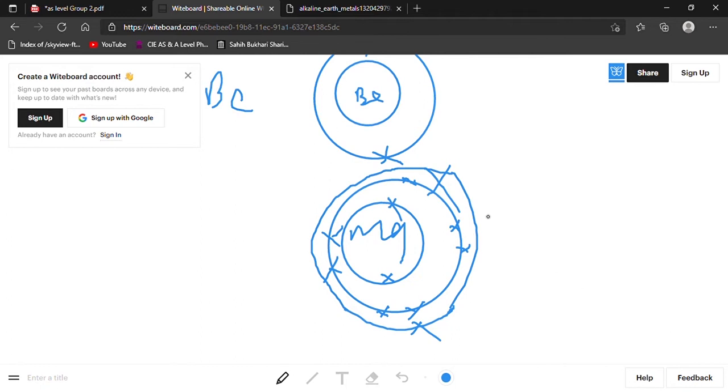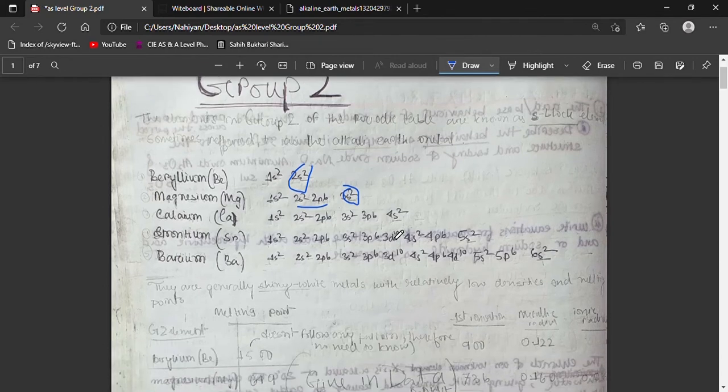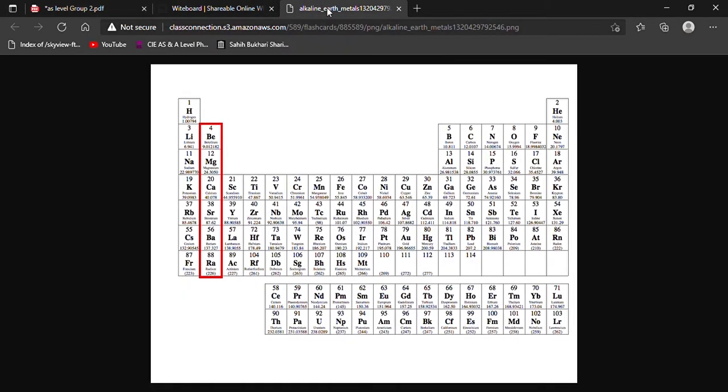So they lose 2 electrons to become positive metal ions, and that's how they usually react. So down the group, the reactivity increases. If you go down the group from beryllium, magnesium, calcium to radium, the reactivity would increase. And why is that?